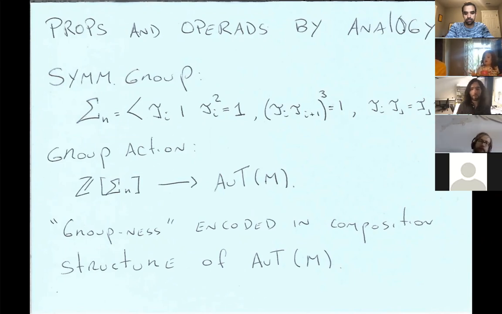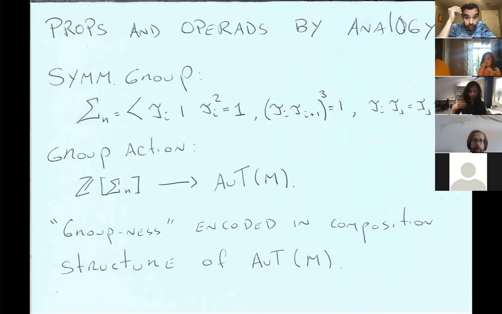Now, we think of a group action in an algebraic context as a structure preserving map from the group ring into the automorphism complex of M, say a module over the integers Z. And the groupness could be captured even if we didn't know what a group was.